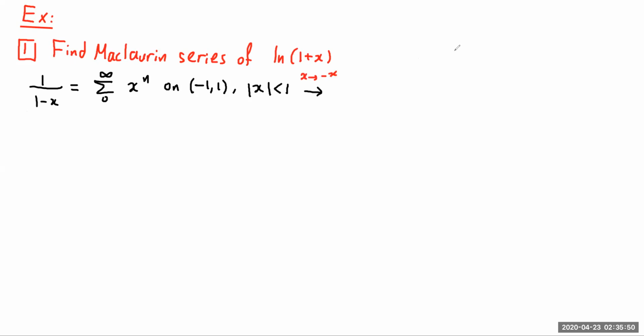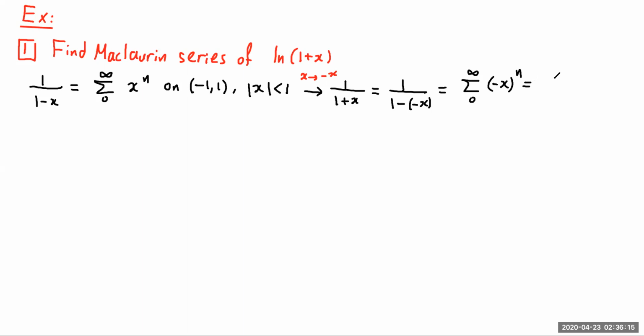So we can write 1 over 1 plus x as 1 over 1 minus (minus x). Then write instead of x here minus x, instead of x here minus x: it's sigma (minus x) power n from 0 to infinity.